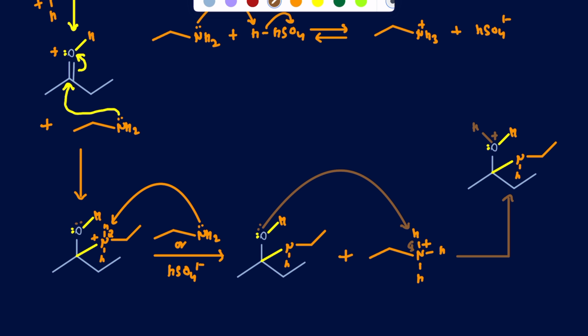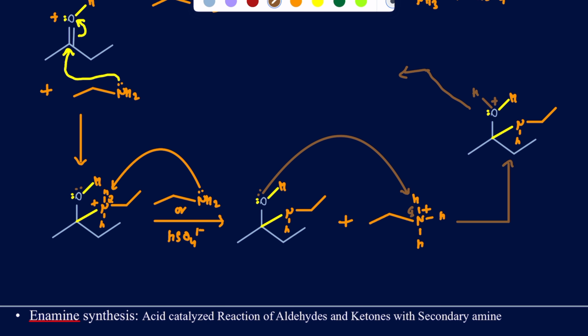So get a positive charge. Now that's a good leaving group. So since that's a good leaving group, I want to get rid of that. And to knock that water out, I'm going to use this lone pair on that nitrogen to knock in there. And then that gets knocked out.